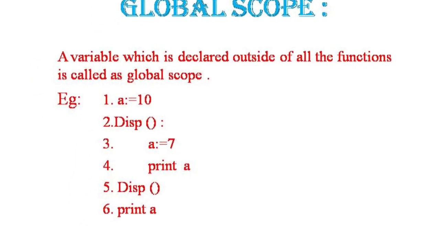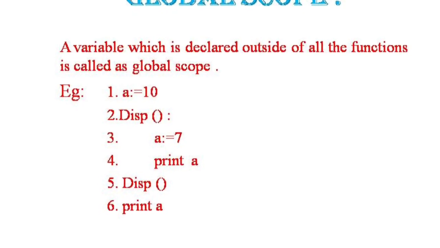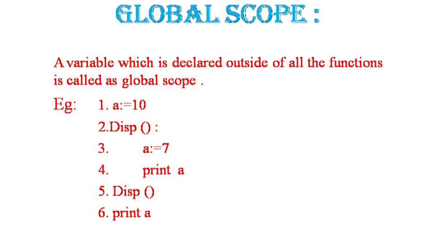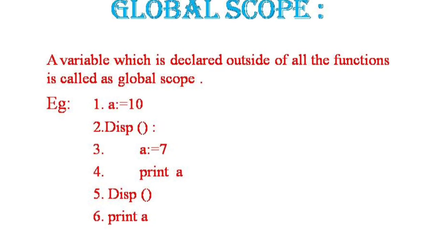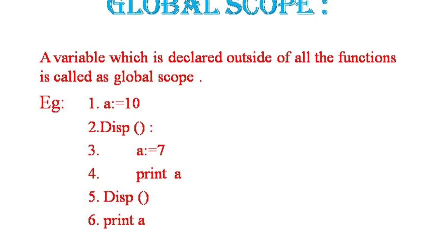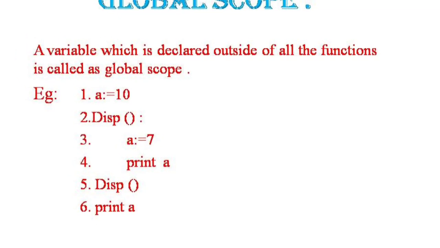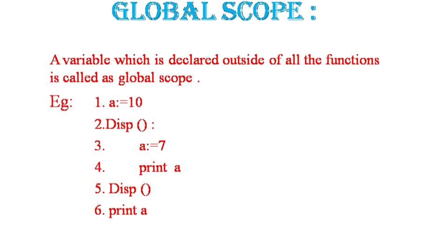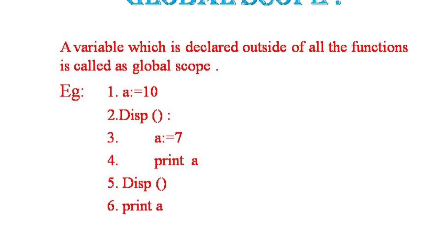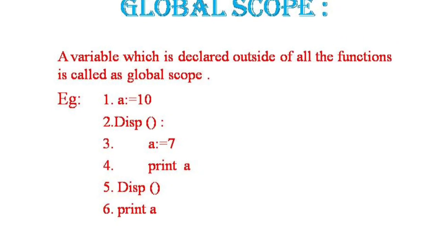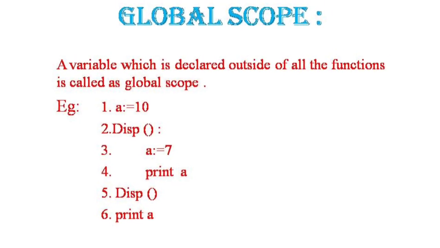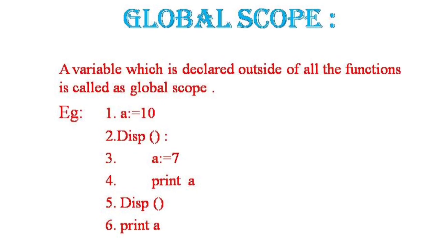When you check the output of this program, first the innermost function disp will be displayed and the output will be 7. Then A equal to 10 will be displayed as global. Now the output will be 7 and 10.